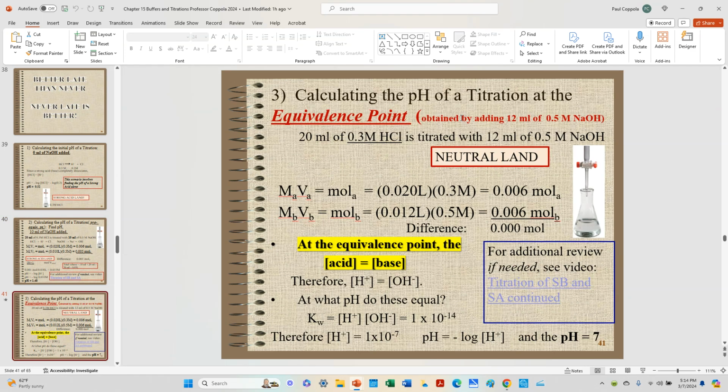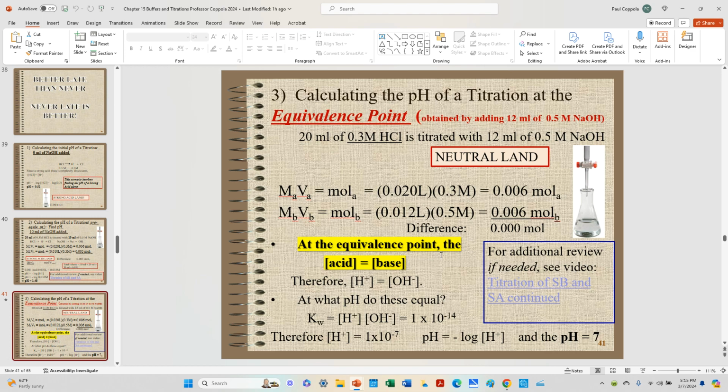And then when we get to 20 milliliters, 12 milliliters of base, we're in neutral land. We've neutralized. If we look at molarity times the volume of each, we see that they both come out to be 0.06 moles. Remember, the volume has to be converted from milliliters to liters because molarity is moles per liter. We want liters to cancel. So we have 0 moles left.